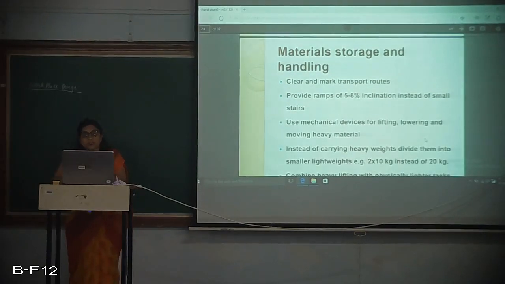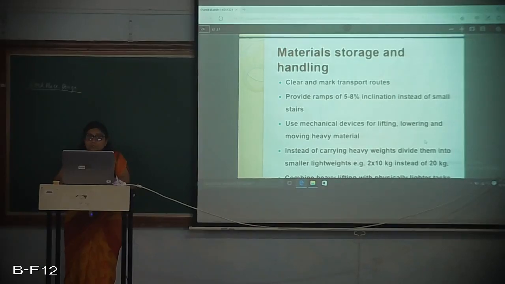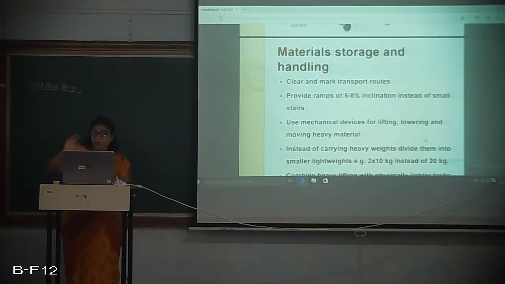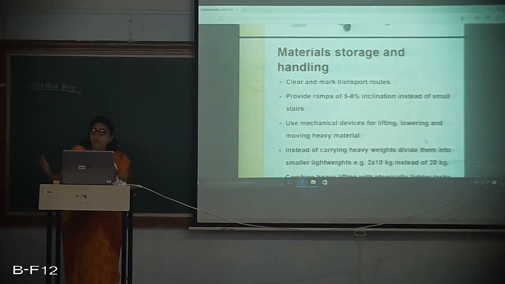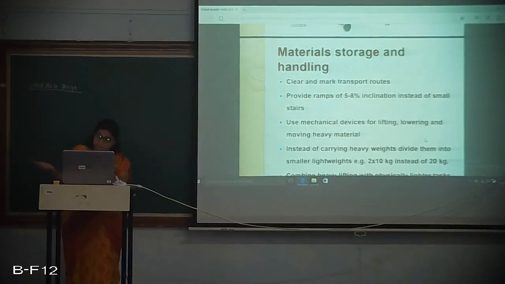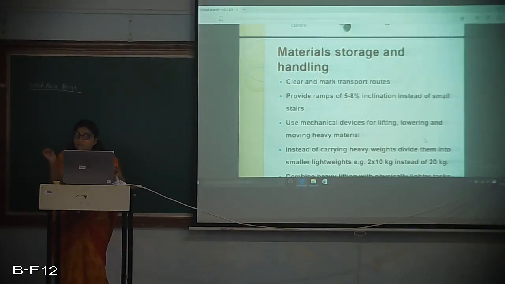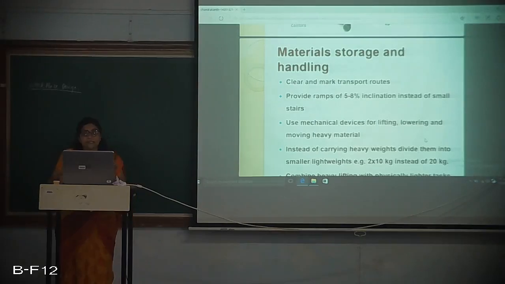Storage, material storage and handling: clear and mark transport routes. Many times you have seen the yellow marking on a machine.